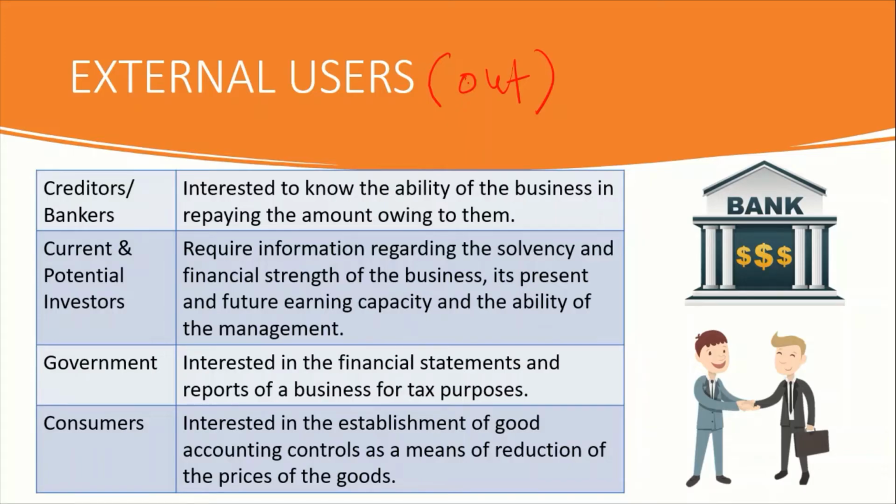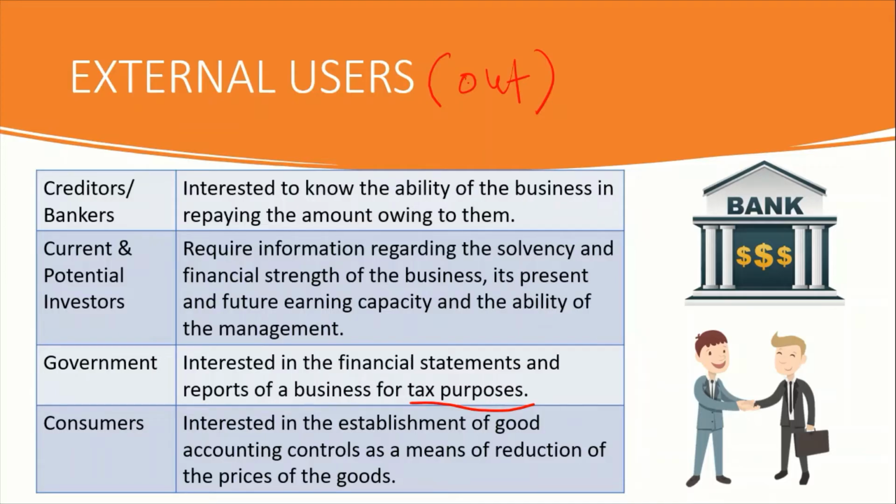The third is government, interested in the financial statements and reports of a business for tax purposes. The government is interested in the financial report because they require the tax information. They need to know the tax you pay, the tax you are supposed to pay.